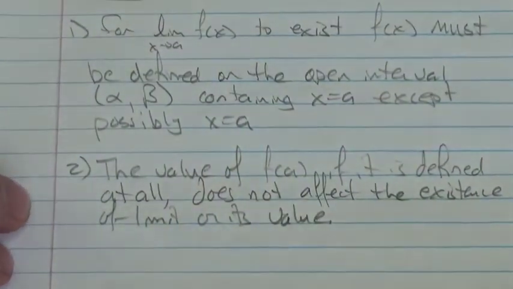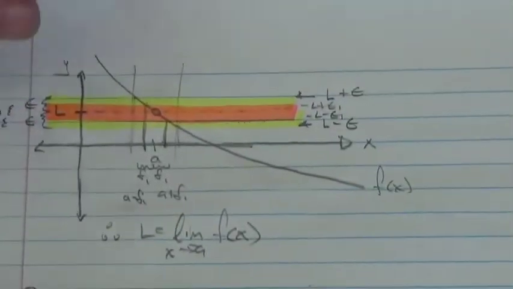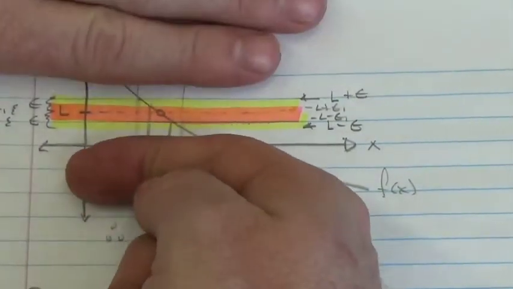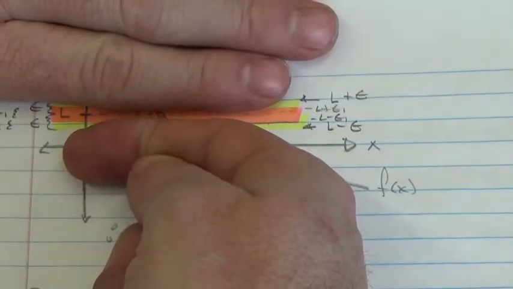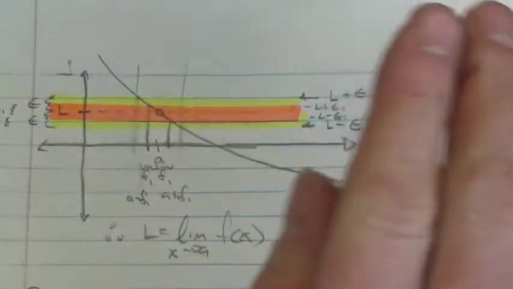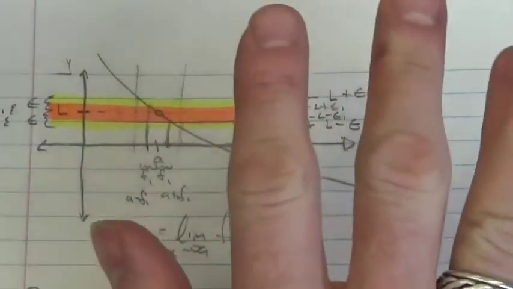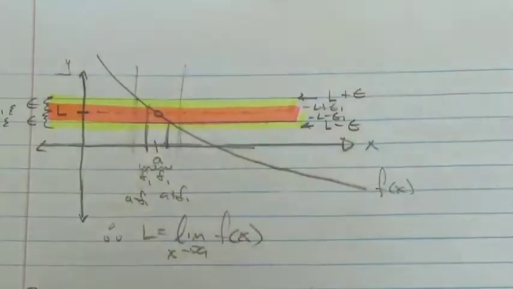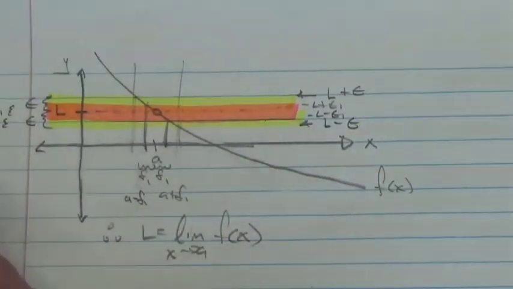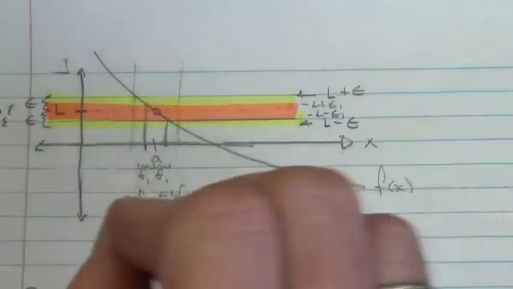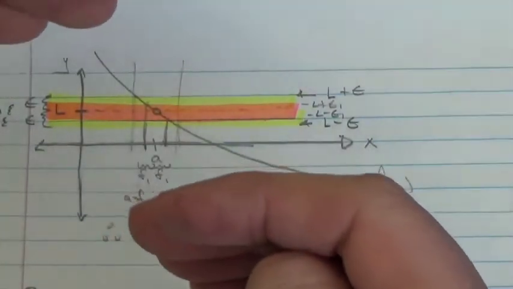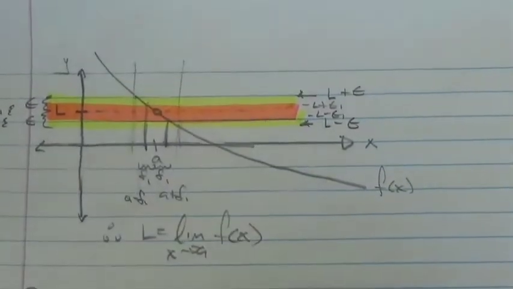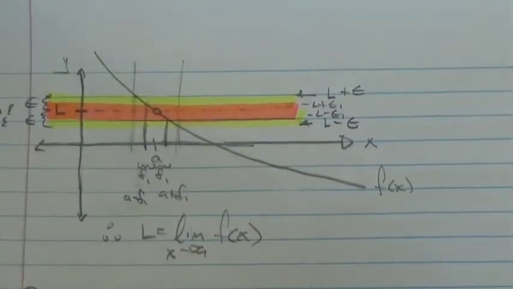Now again, the reason for this is, if I go back to my diagram, I am saying that as I vertically zoom in on that L, I'm asking, does it cause the interval around A to zoom in on A? I'm always using an open interval, so there's always a little bit of room on either side of A, which gives me a little bit of room on either side of L. I never actually get to the value x equals A. It's an open interval.